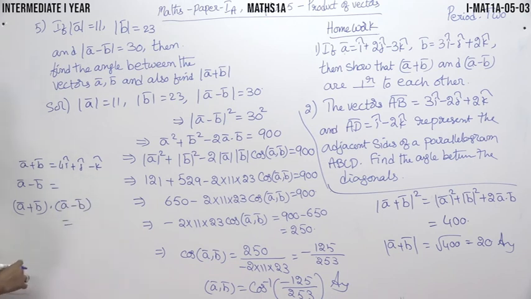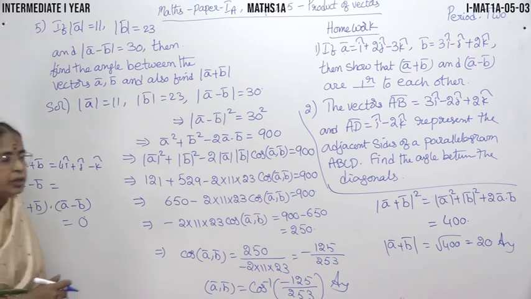Like that, when you multiply i coefficients, j coefficients, k coefficients and add, you will get 0. So you will say that A plus B is perpendicular to A minus B.